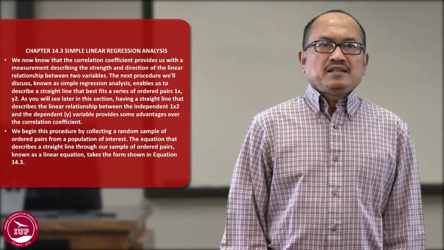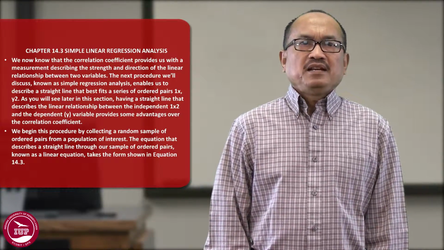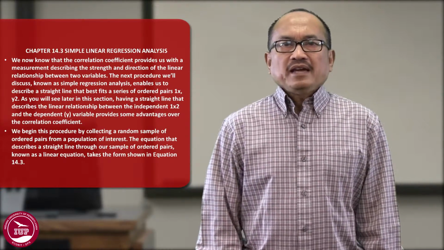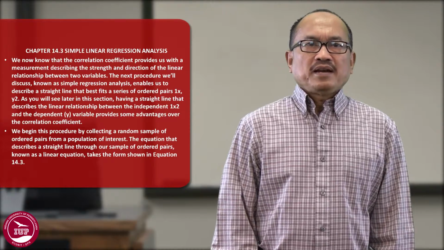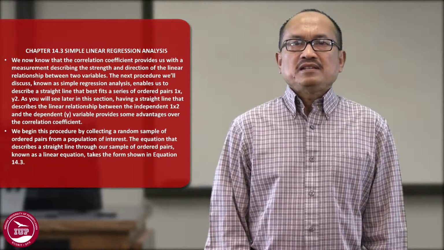As you will see later in this section, having a straight line that describes the linear relationship between the independent variable x and dependent variable y provides some advantages over the correlation coefficient.